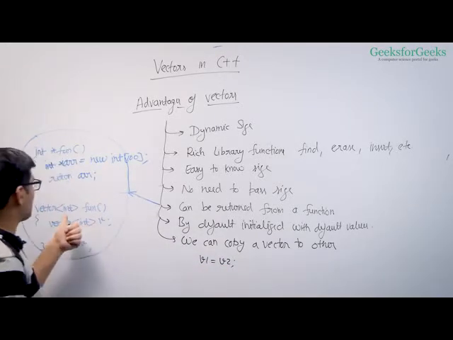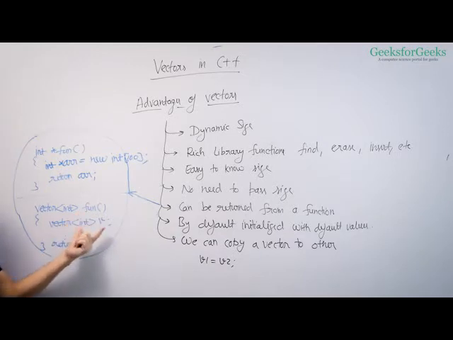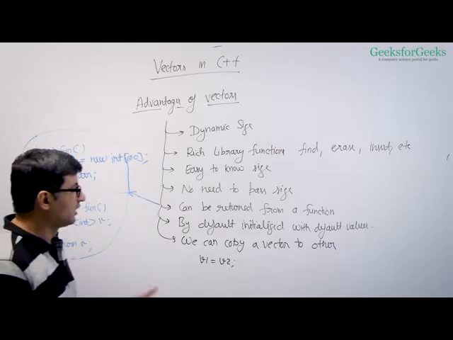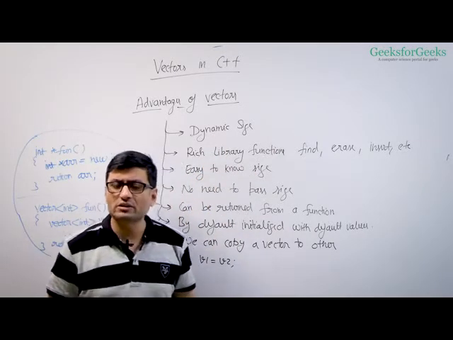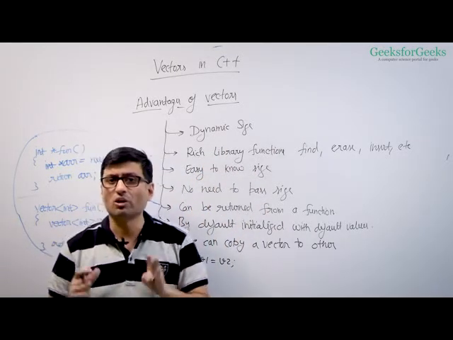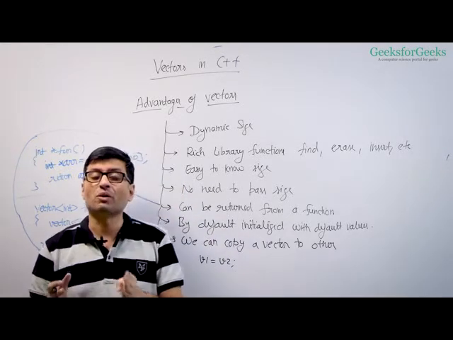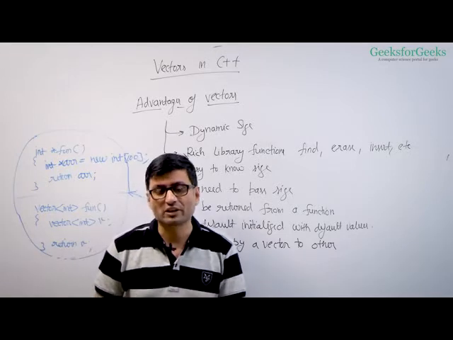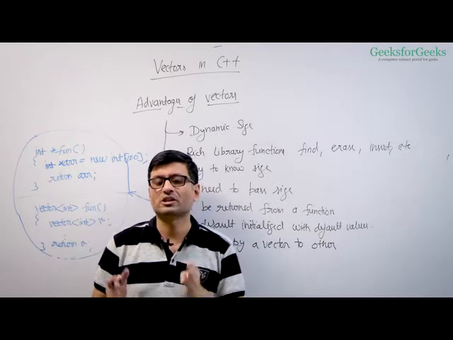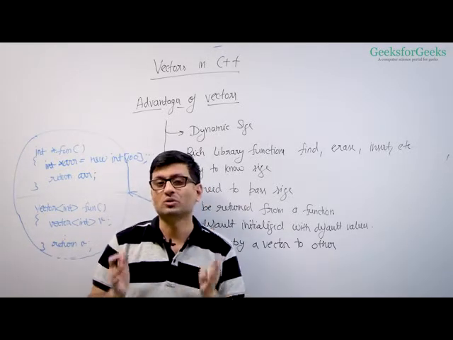And that is what was happening when we were returning a vector. A new vector is created and returned from the function. So these are some advantages. This is just a small list. There are plenty of advantages, and you will realize many of them when you start using vectors in your programs. They save a lot of time compared to using arrays.